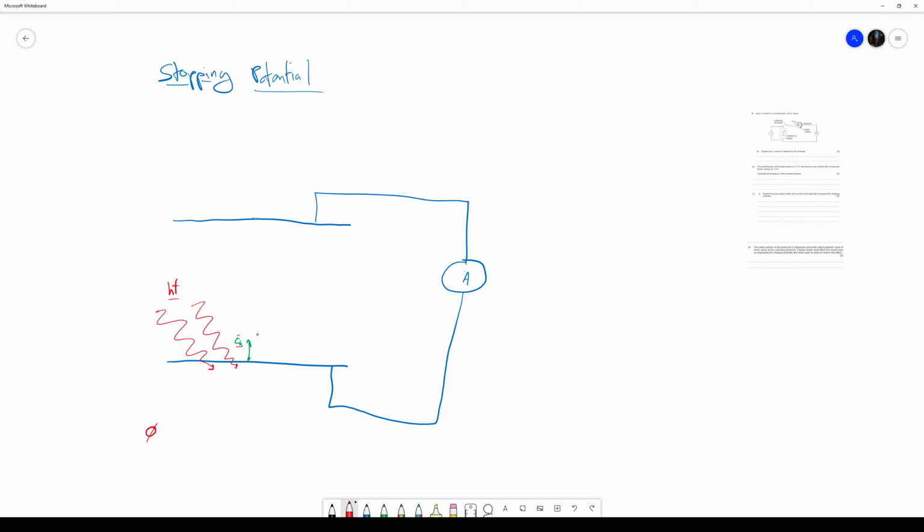The energy that they've got here, EK, is at most HF minus phi, the energy they've absorbed from the photon minus how much it takes to escape the surface. So I can say that EK is less than or equal to HF minus phi. HF minus phi is the maximum kinetic energy these electrons can have.